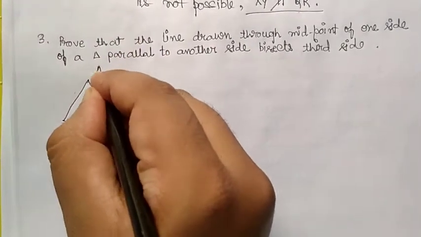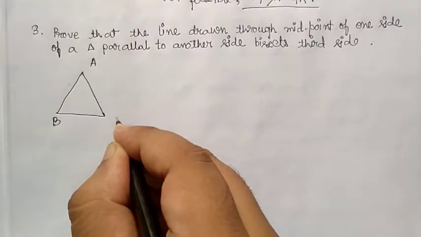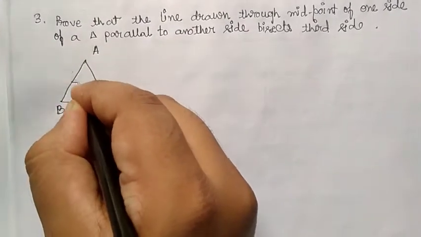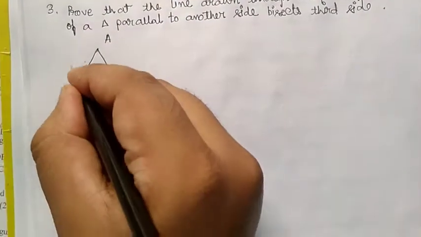This is A, this is B, this is C, and this is DE.